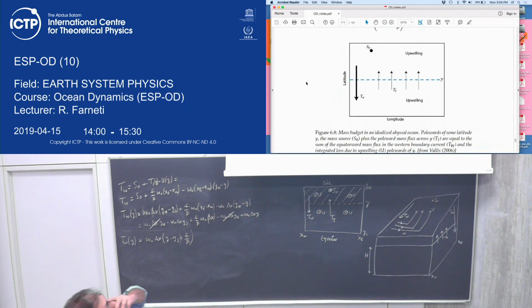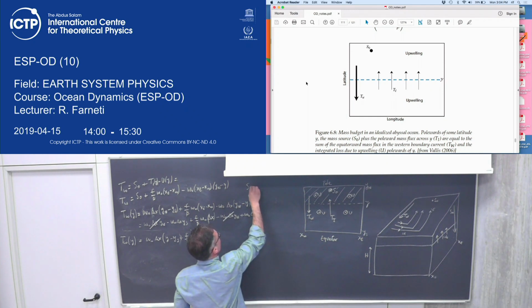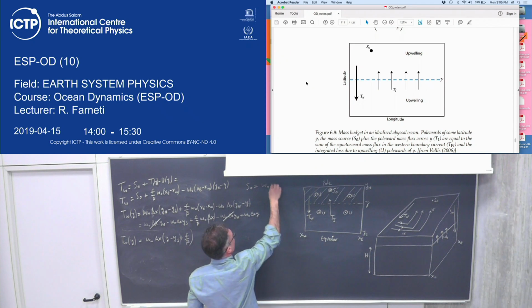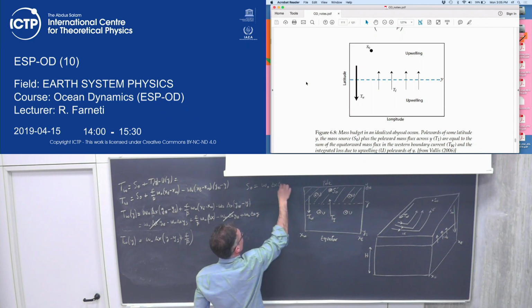So look at the picture. We have an injection of mass S naught, localized, and that is balanced everywhere by upwelling. So we had that S naught was equal to the upwelling integrated over the whole basin.